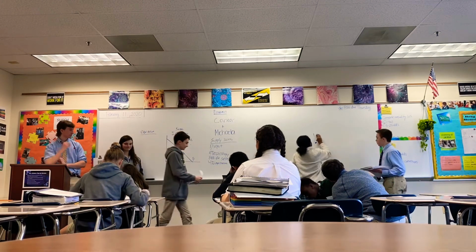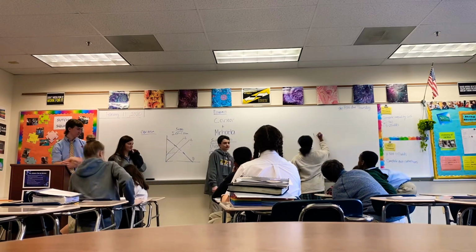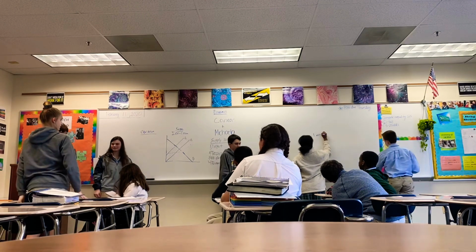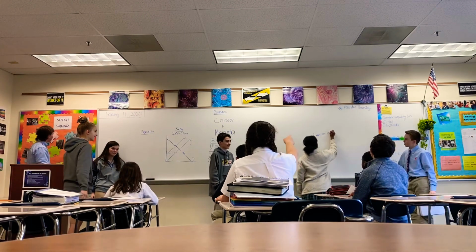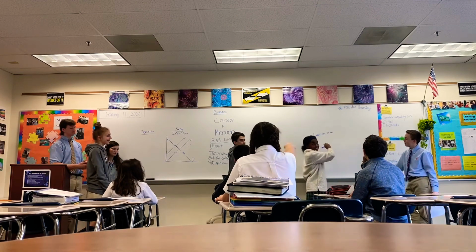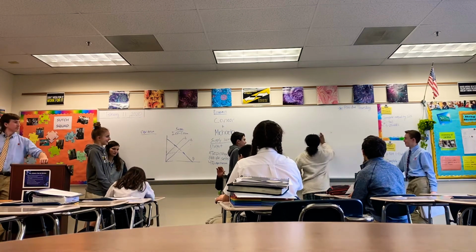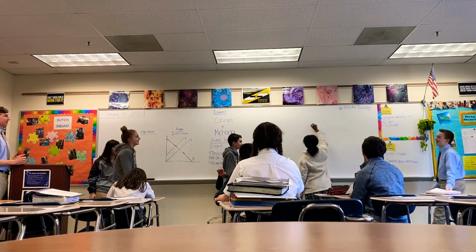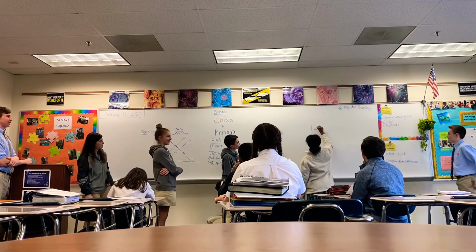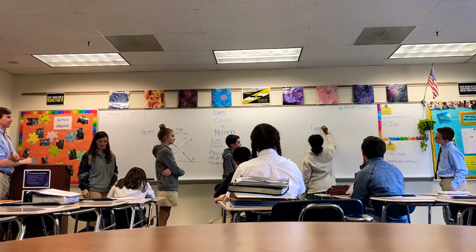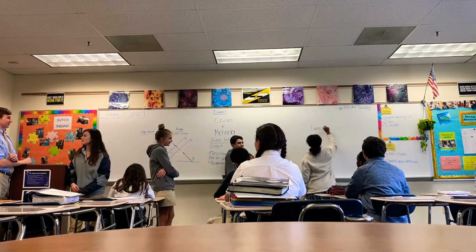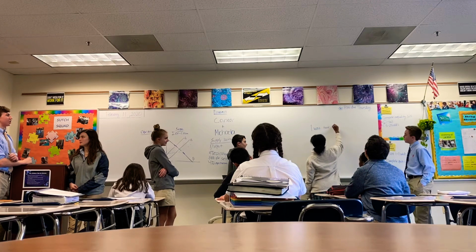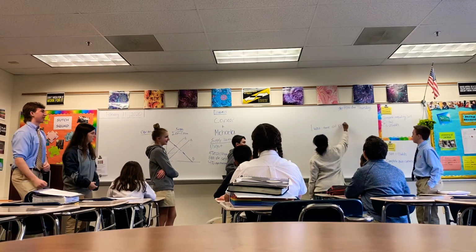Oh wait, the price. Think of something that's made out of something. Write it down. That's pretty great handwriting. No worries, just throw down whatever you have. You have to write down everything.